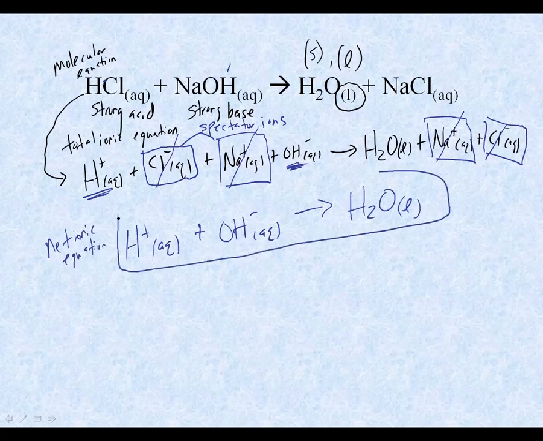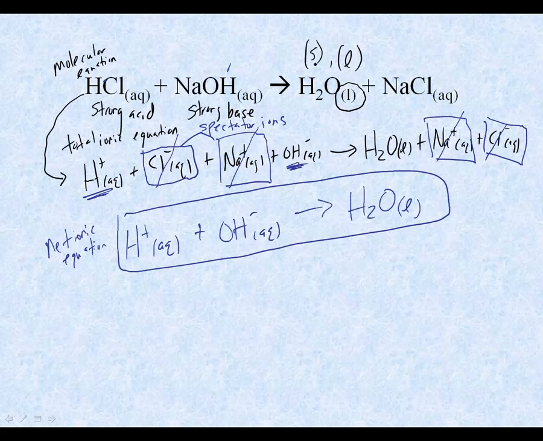Again, no matter what combination of strong acid and strong base you put together, if you go through the molecular equation, the total ionic equation, and the net ionic equation, they will all pretty much end up in the exact same place, which is the formation of water. And that's why the formation of water is a driving force for a chemical reaction to take place, just like a solid being formed is a driving force for a reaction to take place.